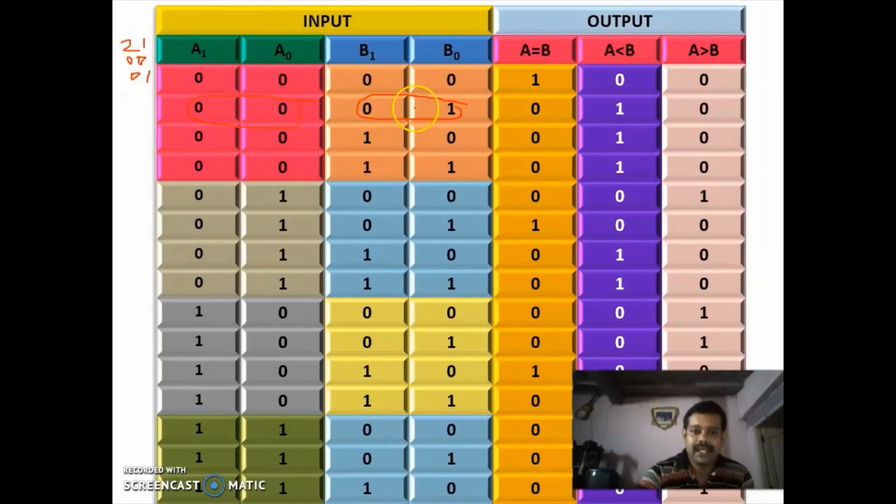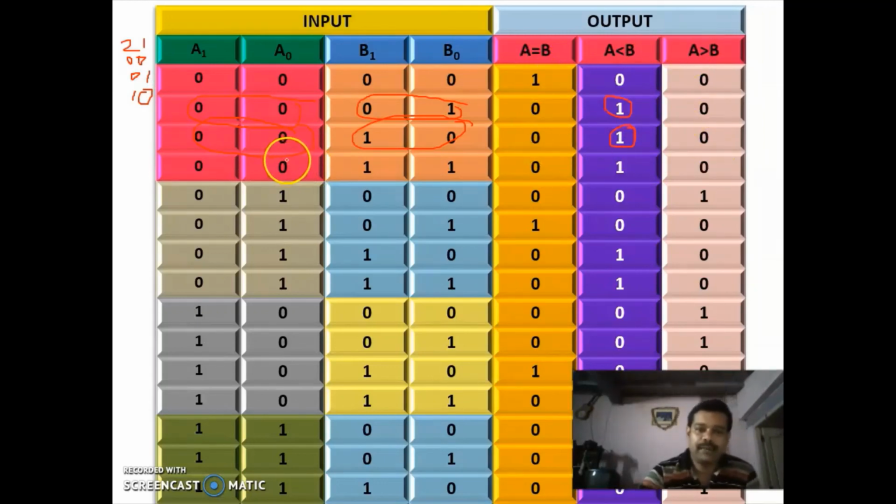So A is less than B. In the place of A less than B, you have to put 1, and in the remaining places, you have to put 0. Then you are going to compare 00 with 10. 00 is 0 and 10 is 2. Again, A is less than B. So you are putting 1 in the place of A less than B, and you are putting 0 in A equal to B and A greater than B.